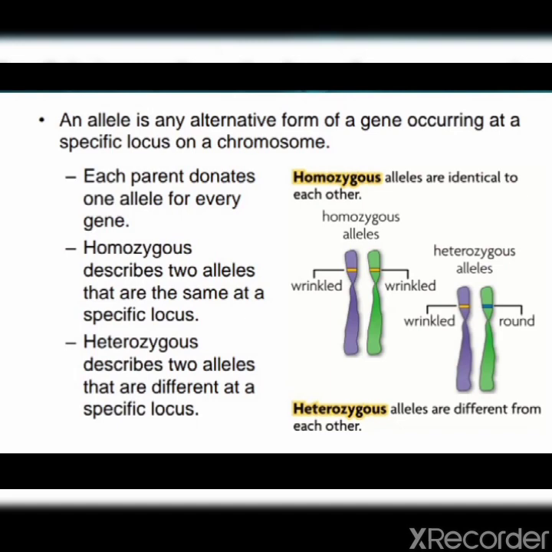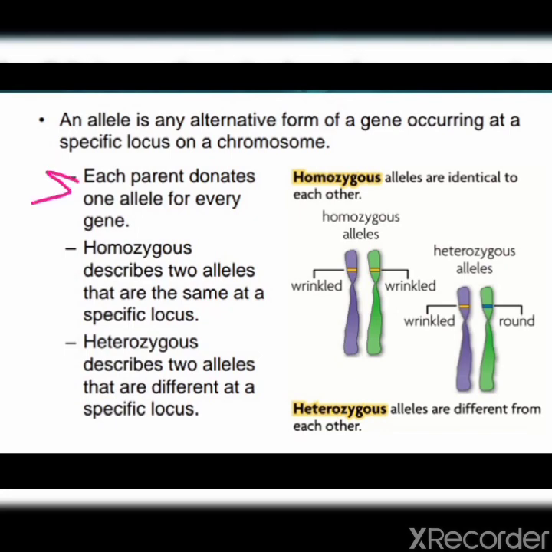Normally, every gene has 2 alternative forms for a character producing different effects. These alternative forms are called the alleles. And these alleles occur at a specific locus on a chromosome.